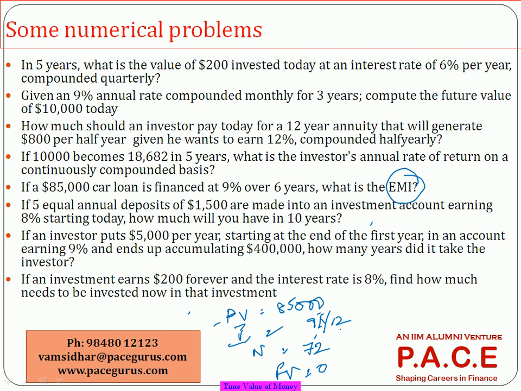If an investor puts 5,000 per year, starting at the end of the first year, in an account earning 9% and ends up accumulating 400,000, how many years did it take for the investor?